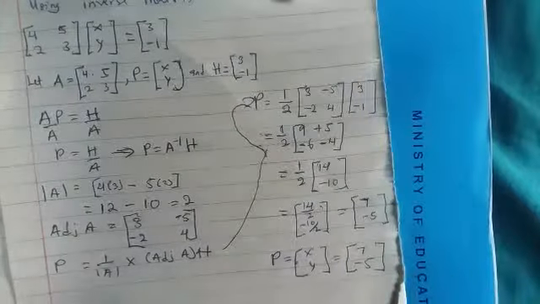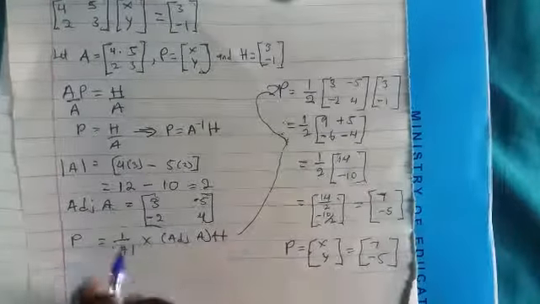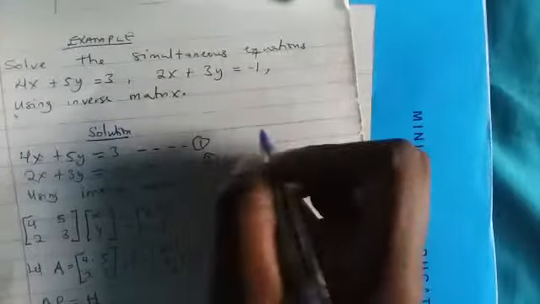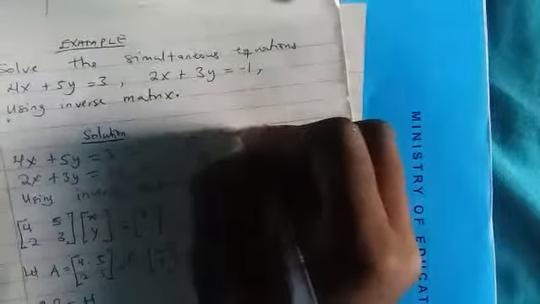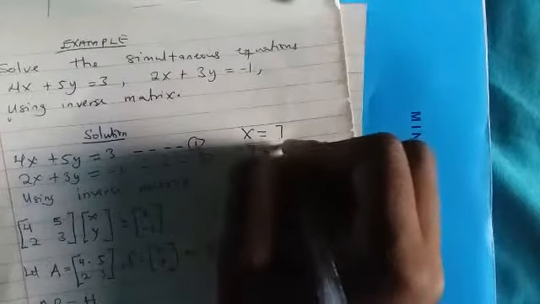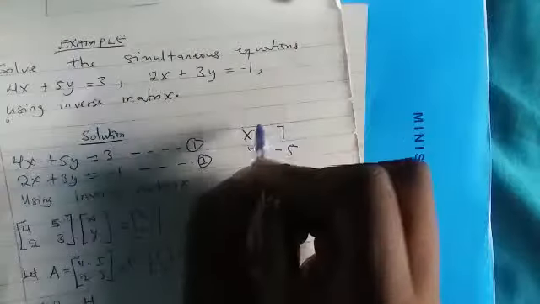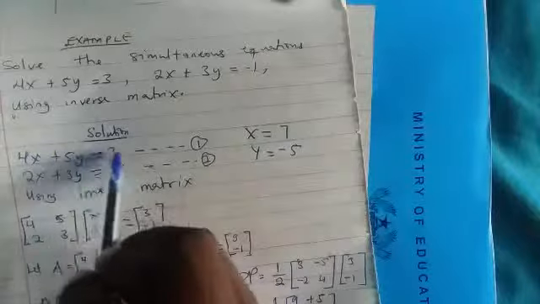Okay, so now our x is equal to 7, and then our y is equal to -5. So you can substitute these values in here, and then you see that you get 3.